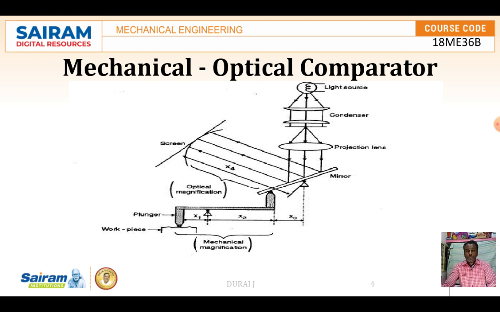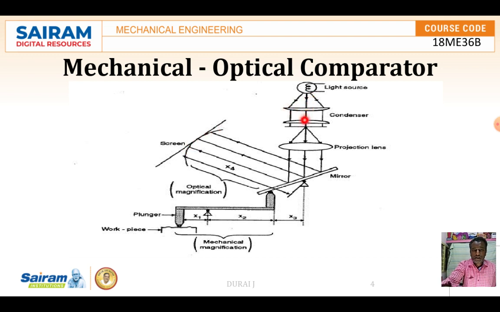There is no pure optical comparator available, because some linkages and other parts are used over there, so it is also called a mechanical optical comparator. The plunger and the lever are used over here.